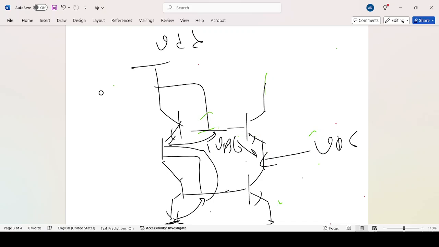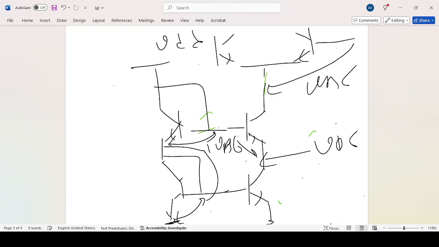So if you have a swing here, like if it is a differential pair here, for example, it would be limited by VBE here, and also VCE set, and here VBE, not VCE set.